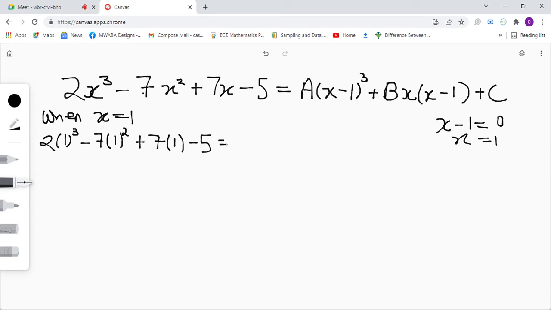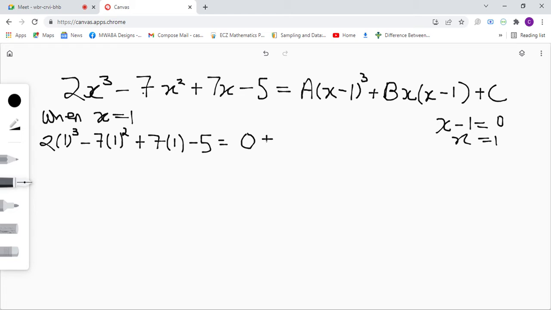So as we said, the critical value is going to make sure most variables go away. So when we substitute x for 1 here, our a variable is going to go because 1 minus 1 is 0. 0 times a is 0, so we'll have a 0 here.